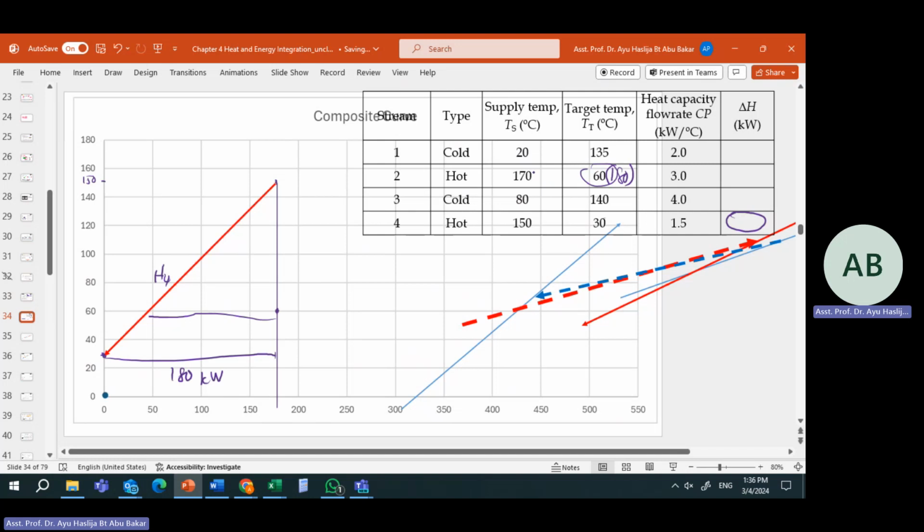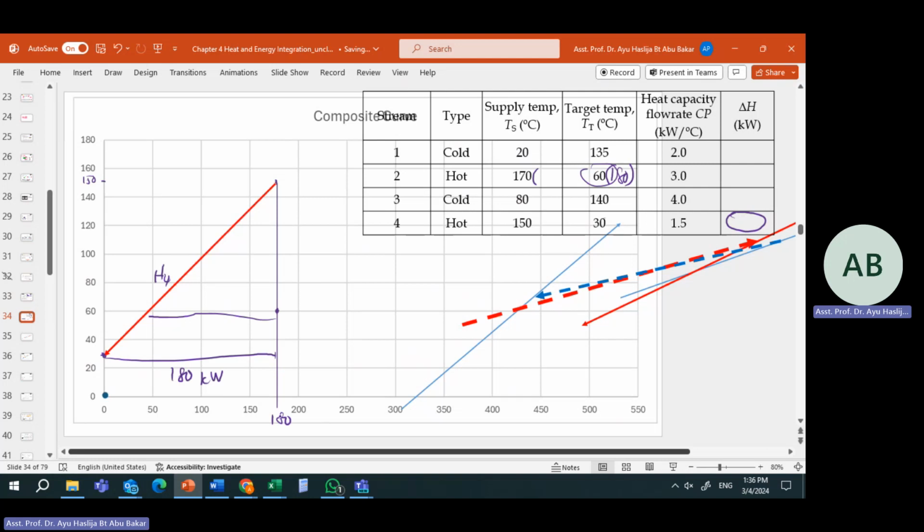170, what is the x-axis? Delta H is 330. But your x-axis is not 330. Remember, 60, we start from 180.